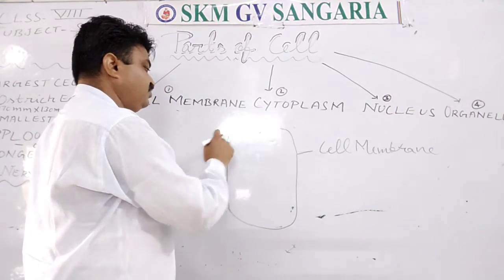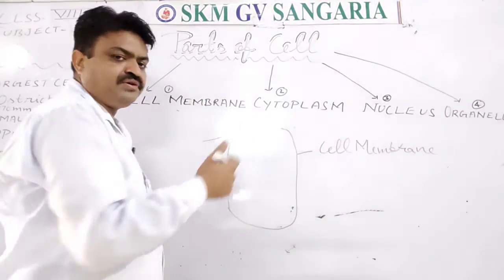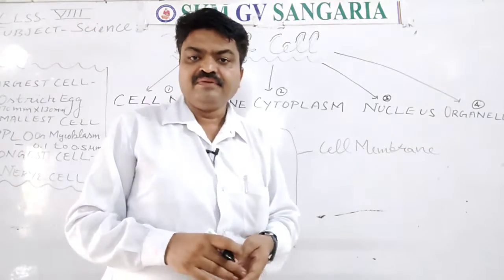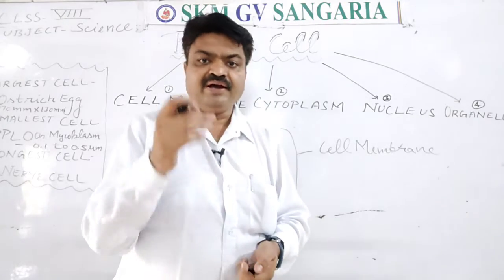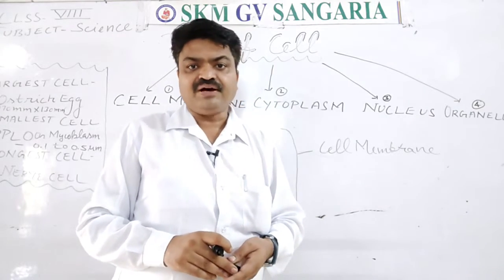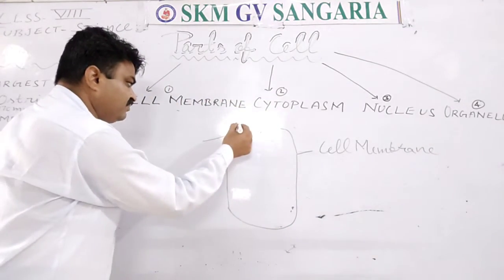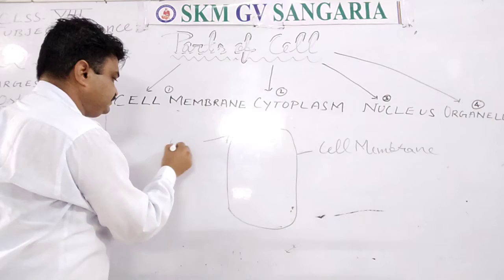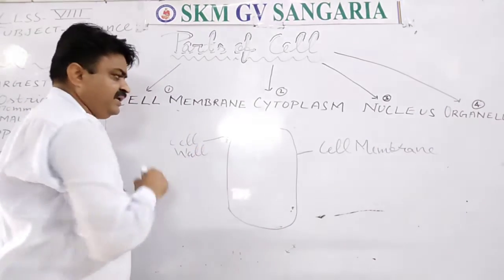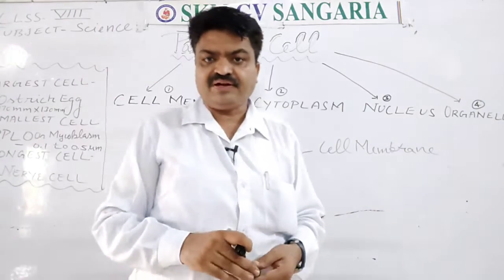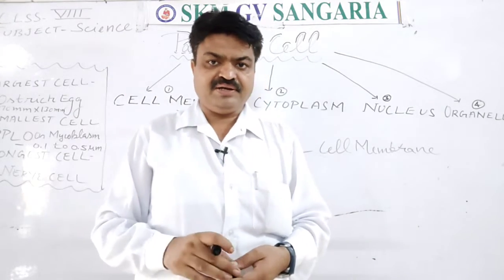In the animal cell it is not found, but in the plant cell it is found because it provides rigidity to the cell, and it also protects the cell from foreign particles and from environmental factors.